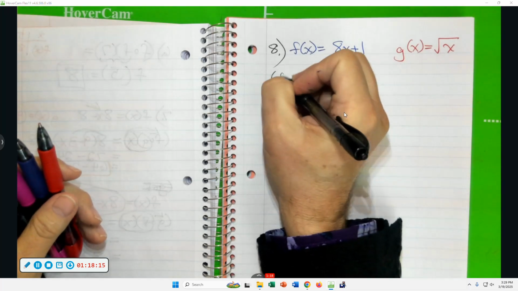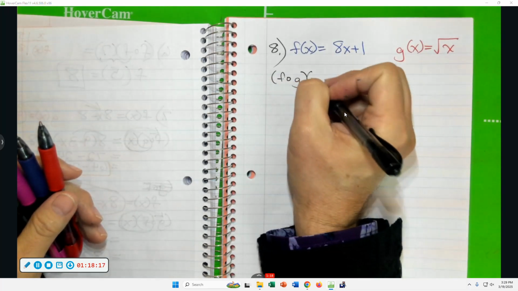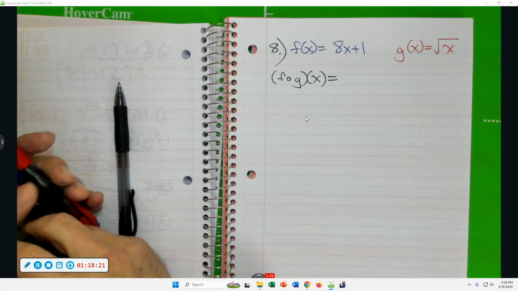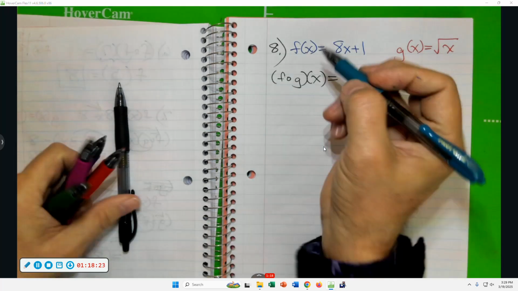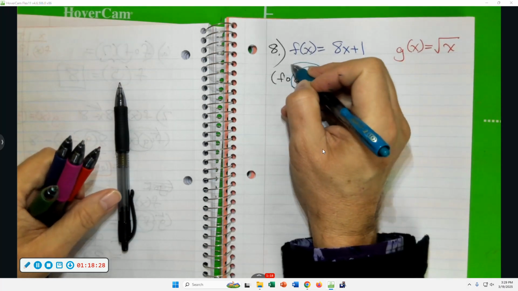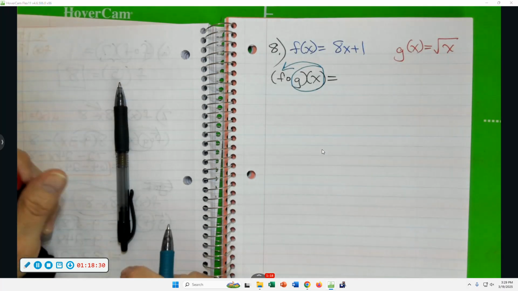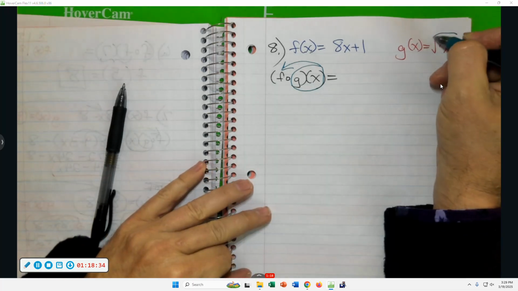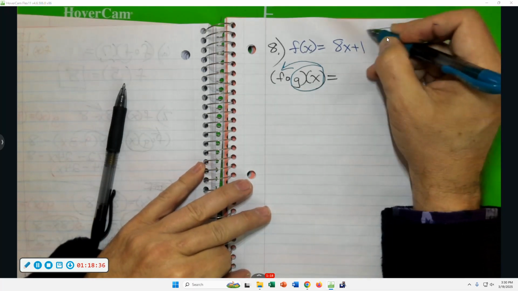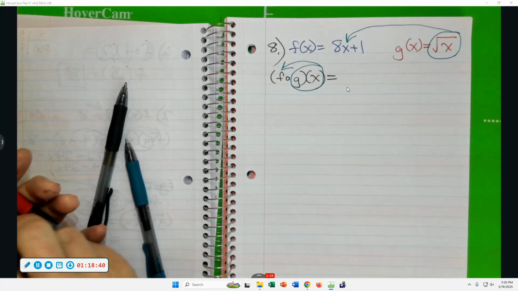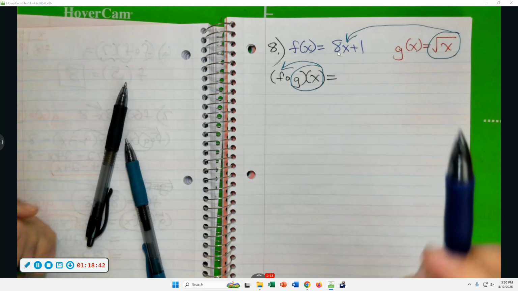First of all, f composed with g of x. That's saying take g of x and plug it into f. Could y'all draw the arrows? So you're taking g of x and plugging it into f. So we have that blue 8.